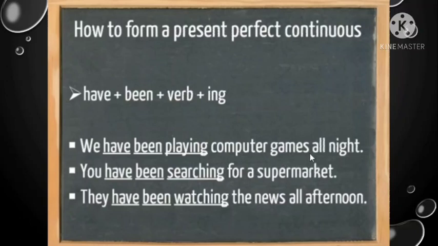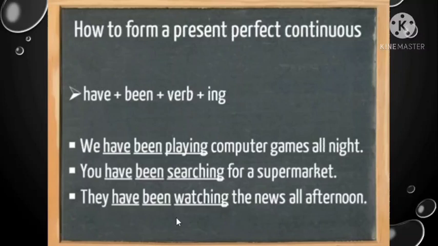So all these are plural subjects and so we have used the helping verb have with the plural subject followed by been and ing verb. So in this sentence what we understand is that they have been watching the news all afternoon. That means they have started watching the news in the afternoon and they are still watching. Okay? I hope it's clear.